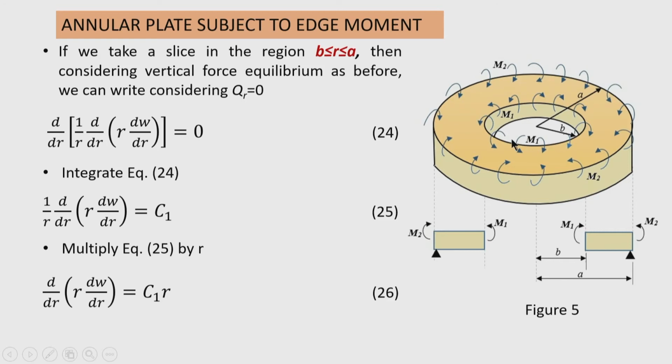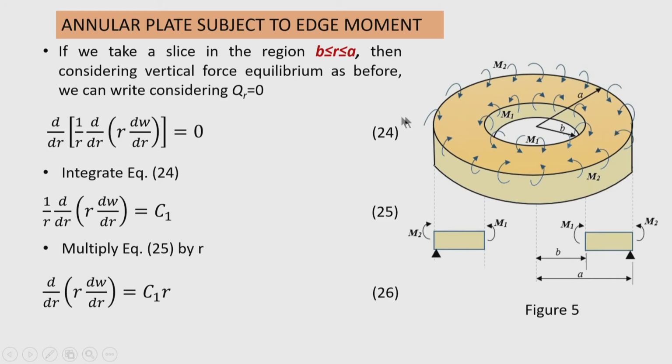So, let us solve this problem. Now, you can see that in the region r ranging from b to a, there is no distributed load. So, that means the shearing force will be 0.